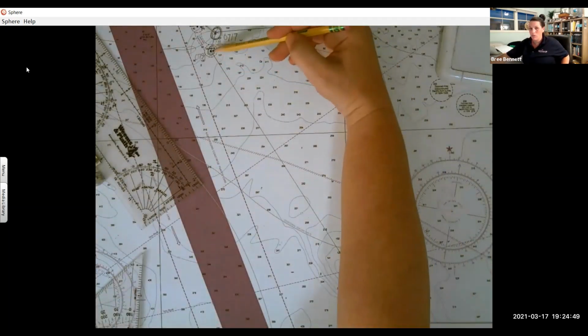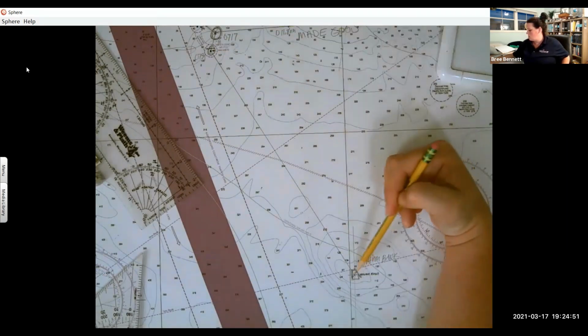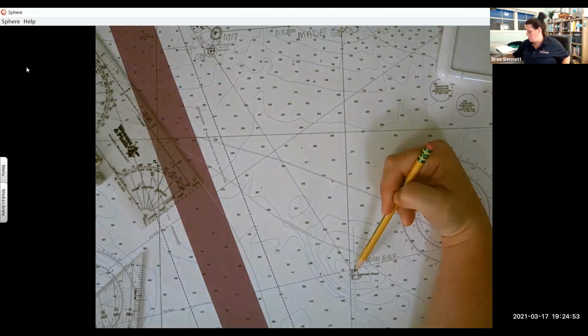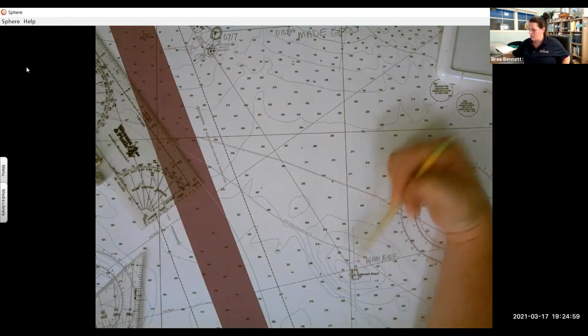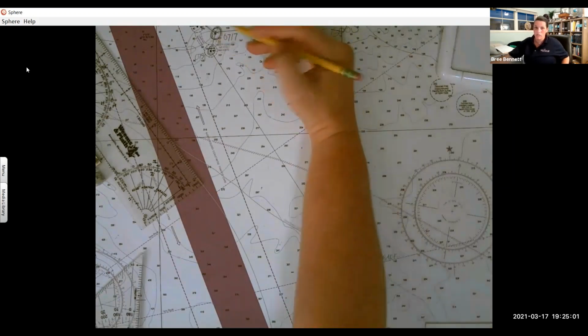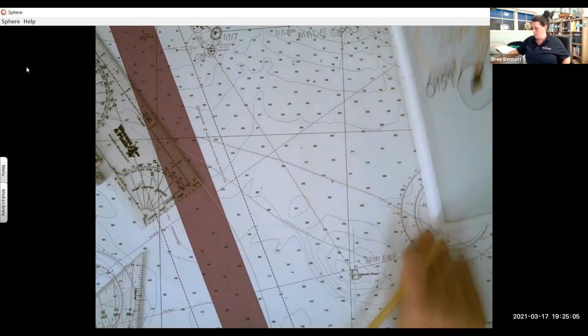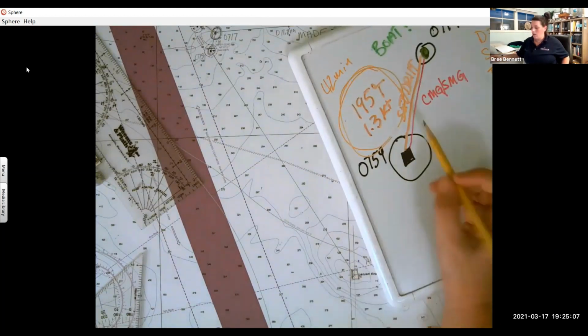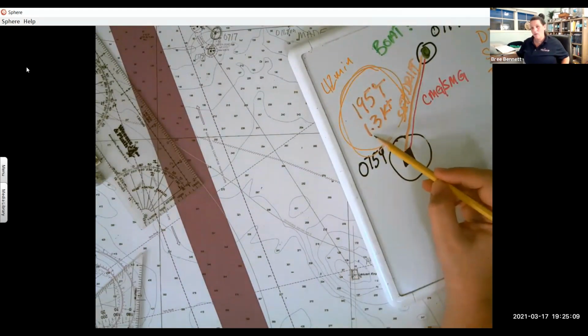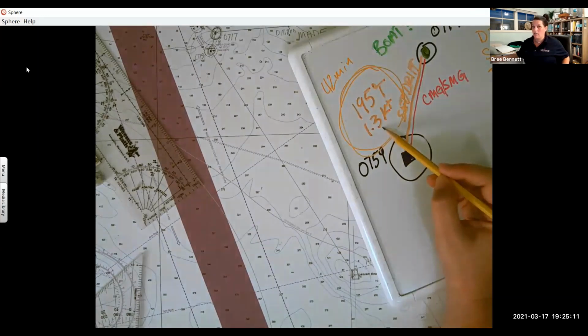We want to go from Eureka straight to Lawson's Knoll, straight to our fishing spot. And we are going to use the current of 195 at 1.3 that we just calculated.